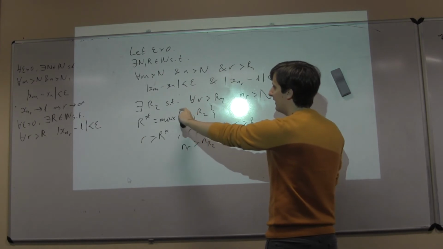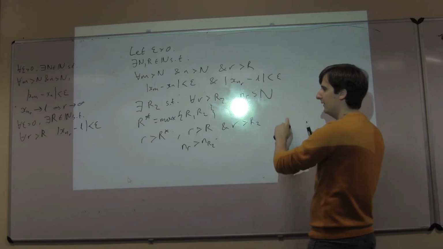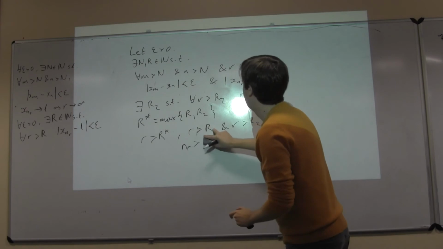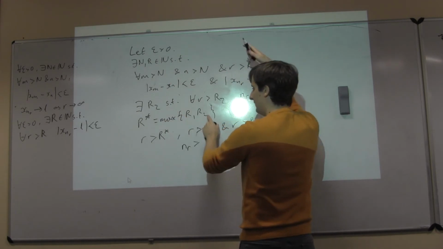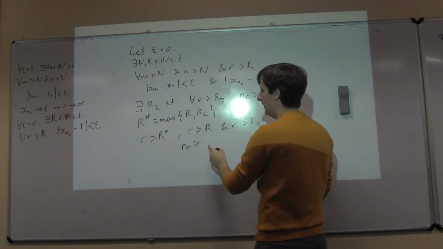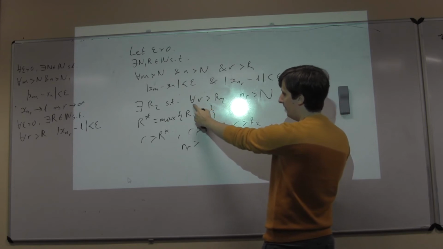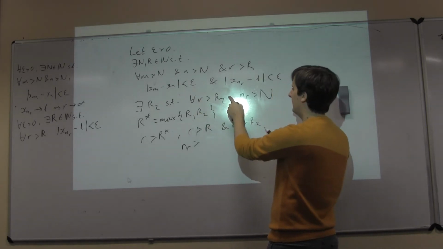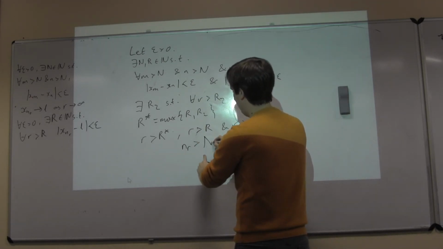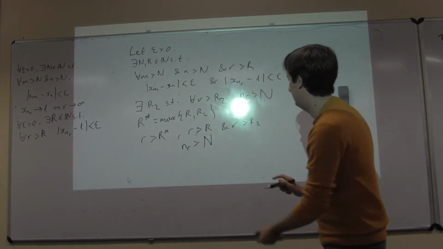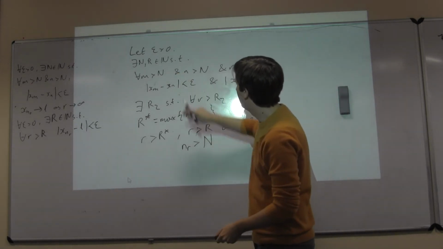Because n_r is increasing, there must eventually be an r2 such that for any r bigger than r2, n_r is bigger than N. Okay, so if we define r star as the maximum of the R we started with and this r2, then if r is bigger than r star, then r is certainly bigger than R, and also r is bigger than r2, but we said that this is the definition of r2, for any r bigger than r2, n_r is bigger than N. Okay, so we have that r is bigger than R, and we have that n_r is bigger than N. Sorry, that's taking me a long time to get there. So this is what we need.